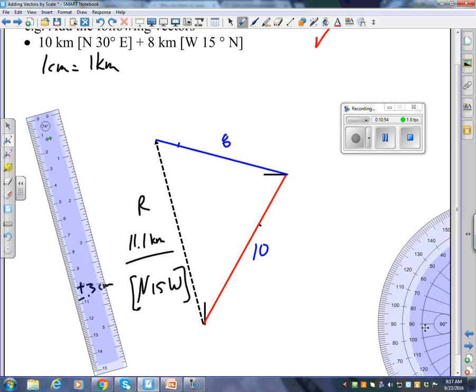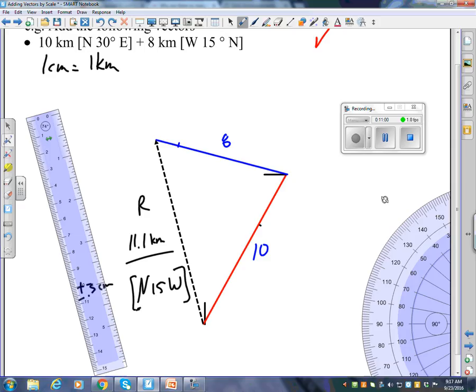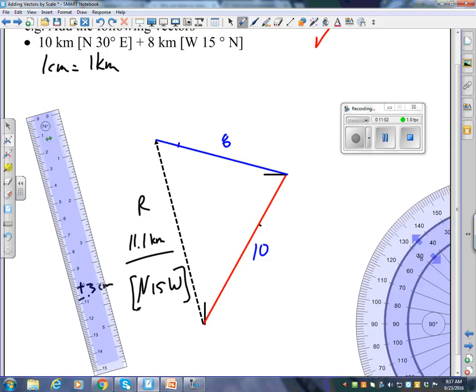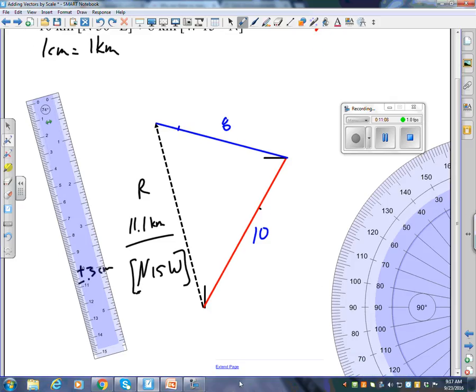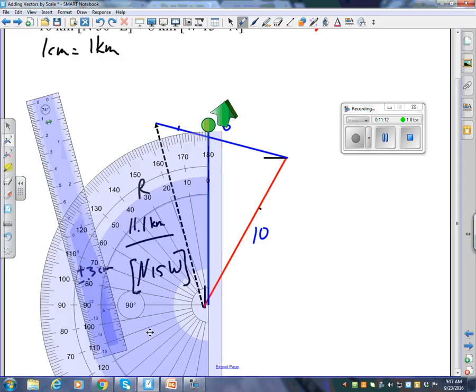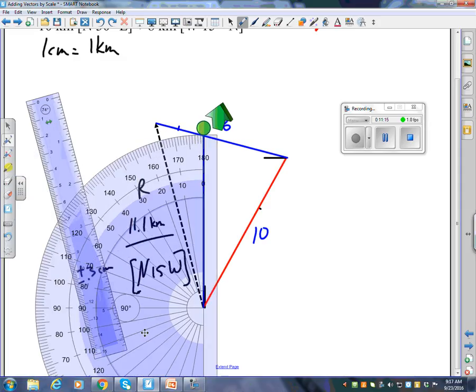I took the protractor. Right, it's not being very nice to me. There we go. Took the protractor and I measured from north. Right, north, 15 degrees west.